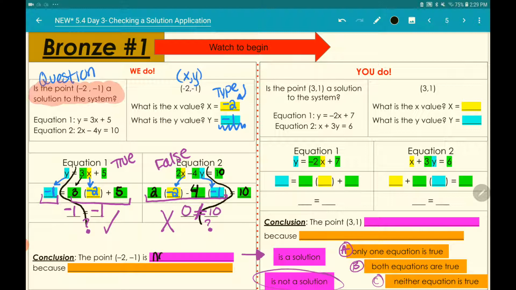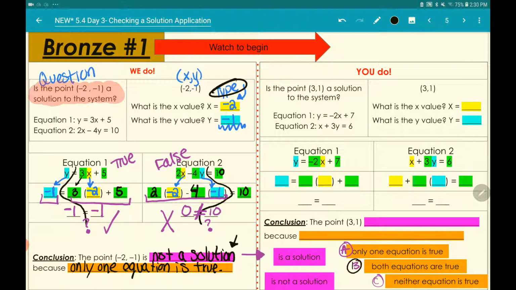So it is not a solution because, and then we use A, B, or C, and in this case it is A, because only one equation is true. Again, I am handwriting this in, but you are typing wherever you see my responses.